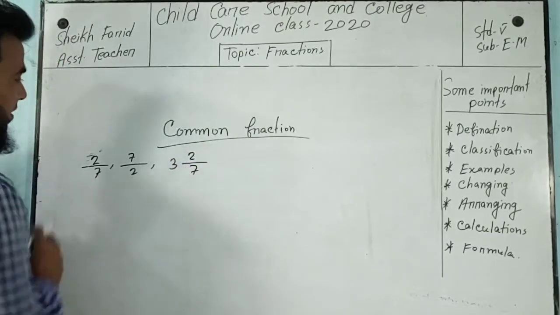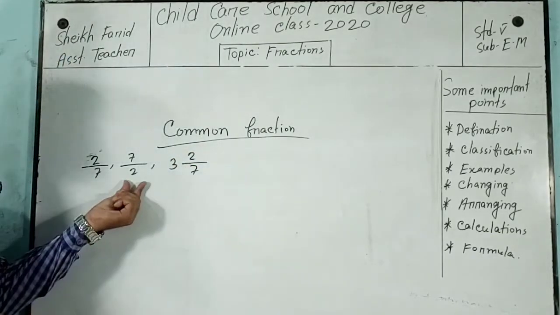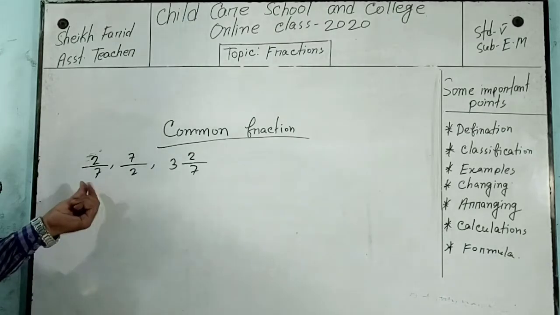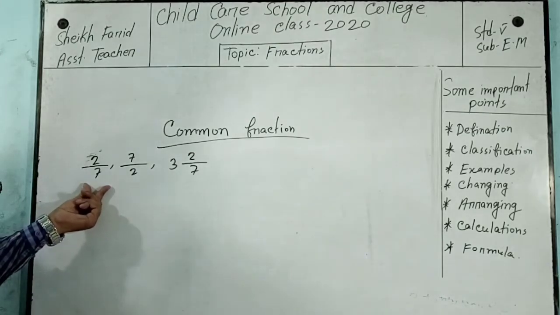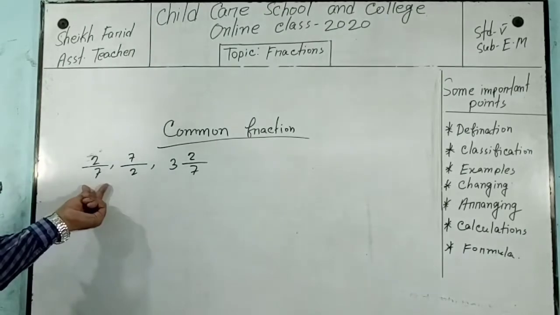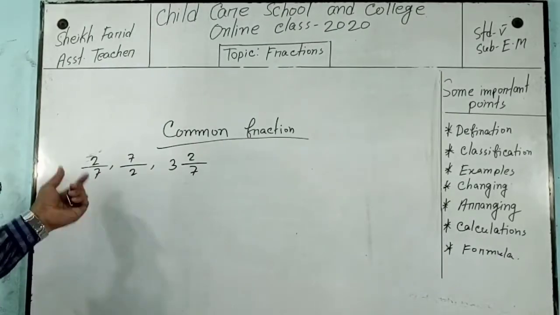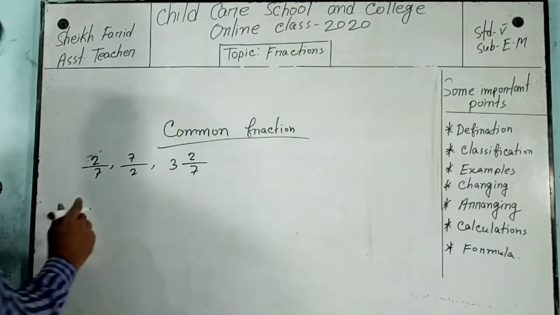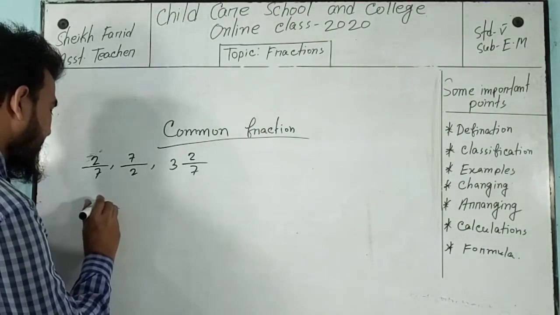There are three types of fractions: proper fraction, improper fraction, and mixed fraction. And there is a topic in our textbook to change these. This is an improper fraction. So how can we make it an improper fraction? Look, this is a proper fraction.